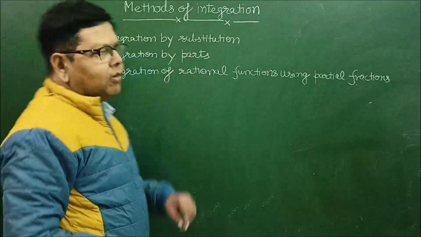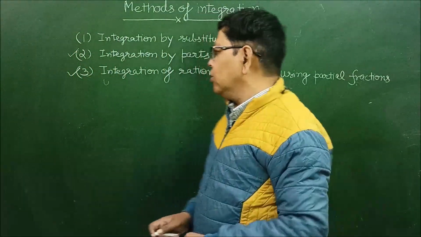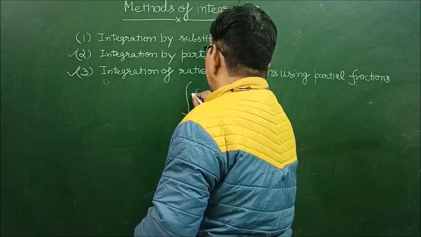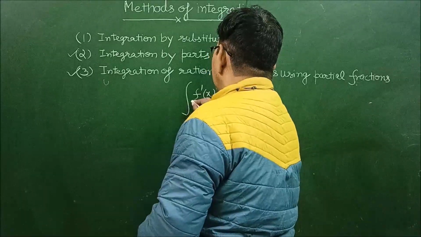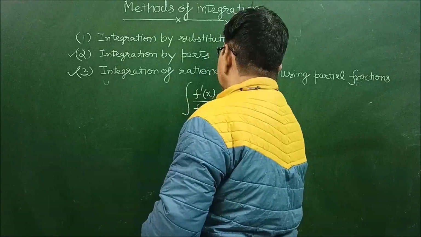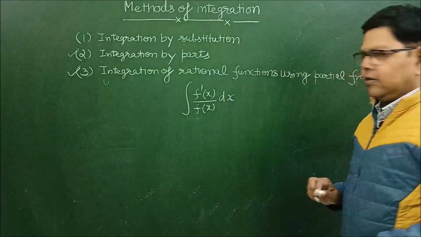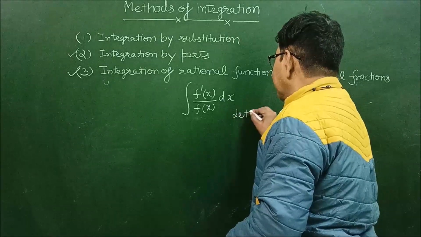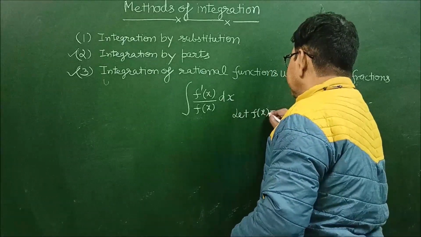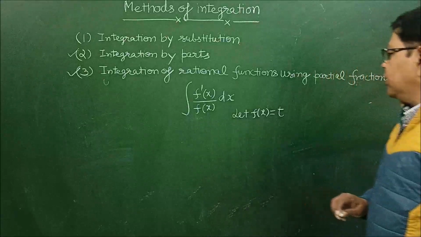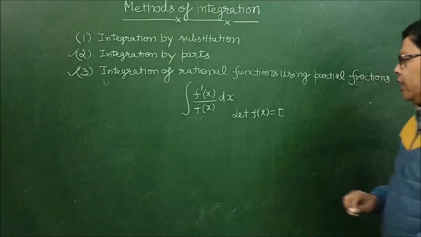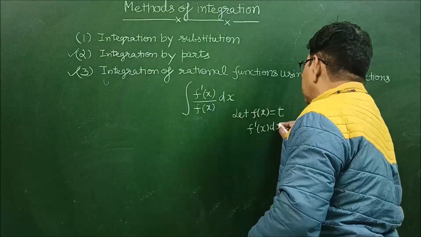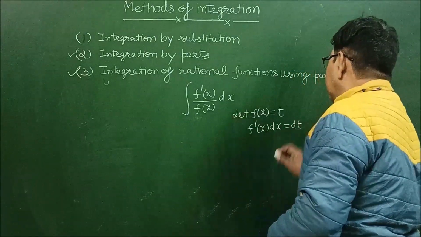So let us start with integration by substitution. If we have an integrand like f dash x upon fx dx, in this case we take the denominator, let fx is equal to t, and if we differentiate both sides with respect to x, then f dash x dx is equal to dt.